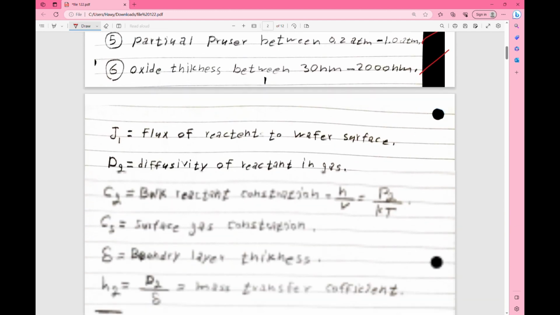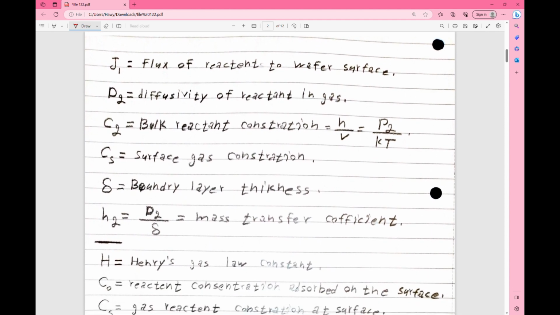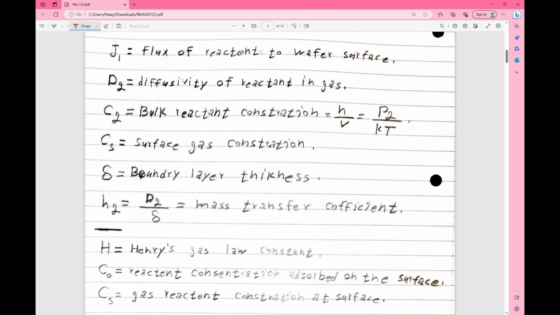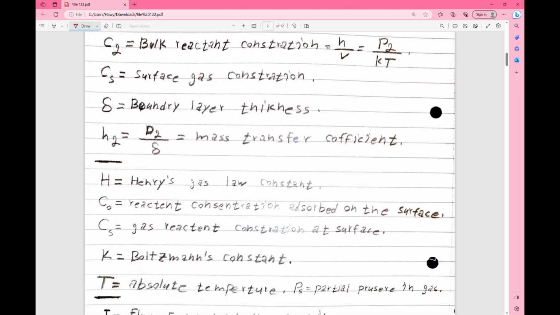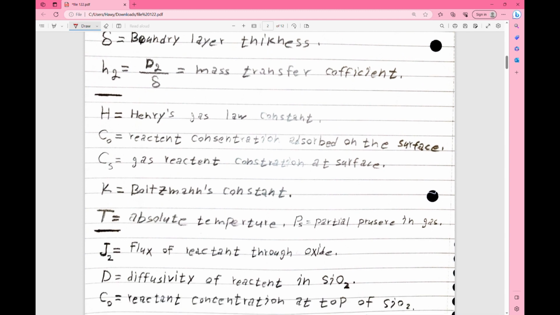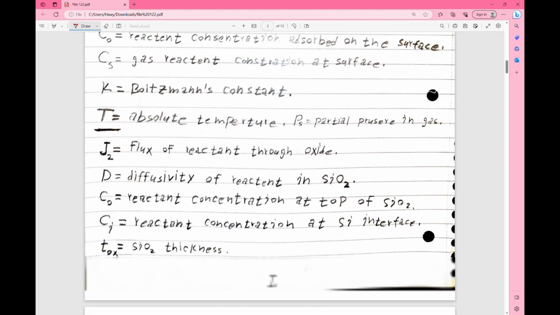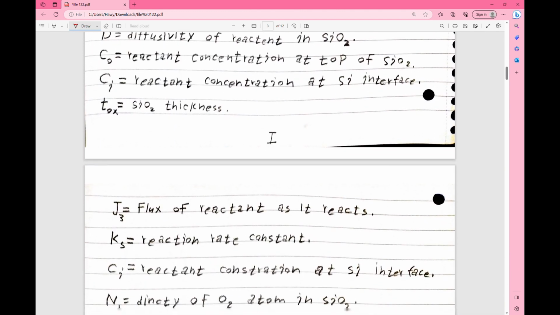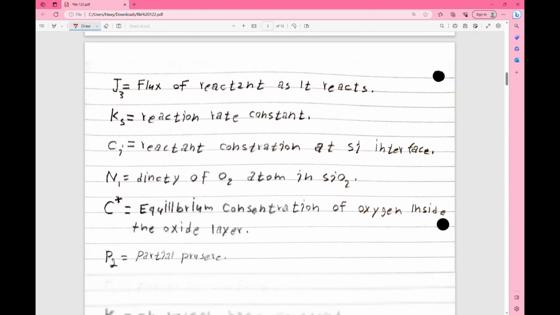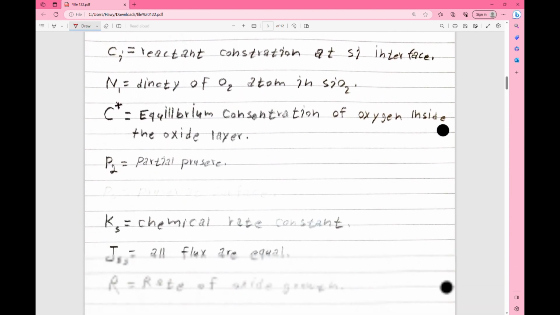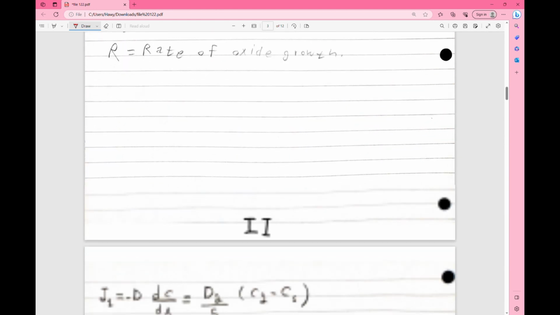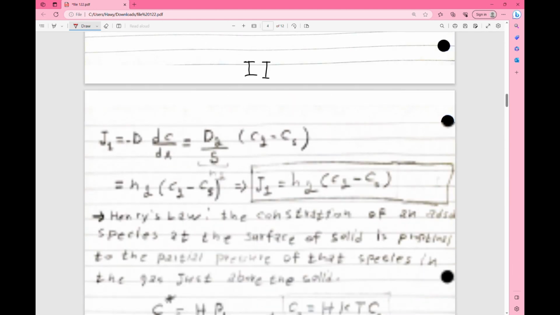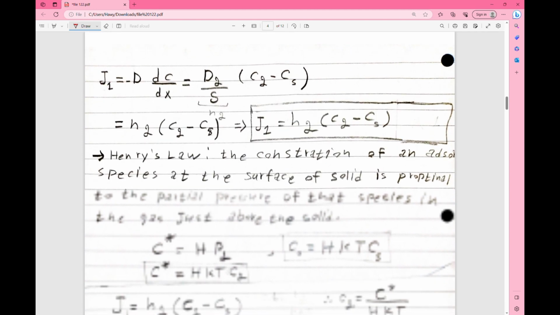You should also read these parameters carefully, because we will solve mathematically, so we will not explain all of this. Please just pause the video and read it carefully.